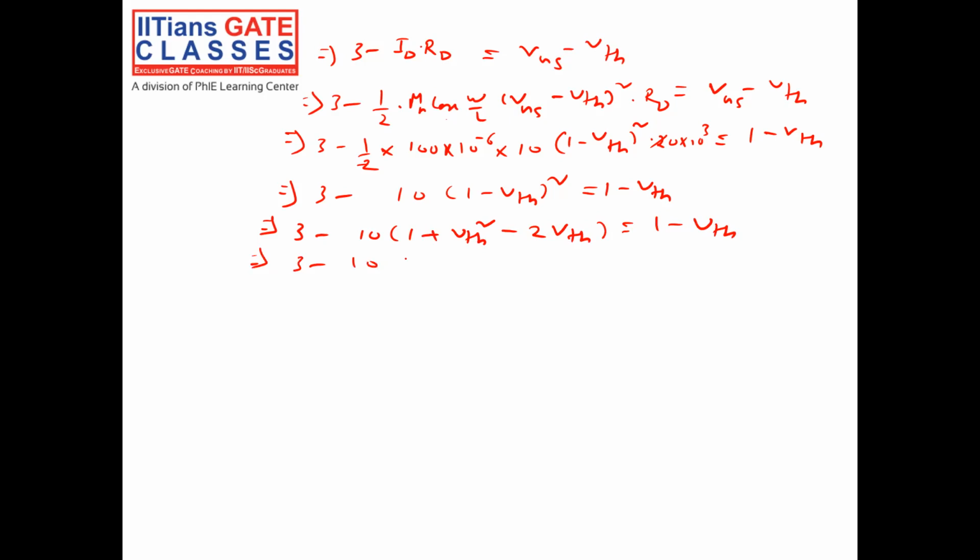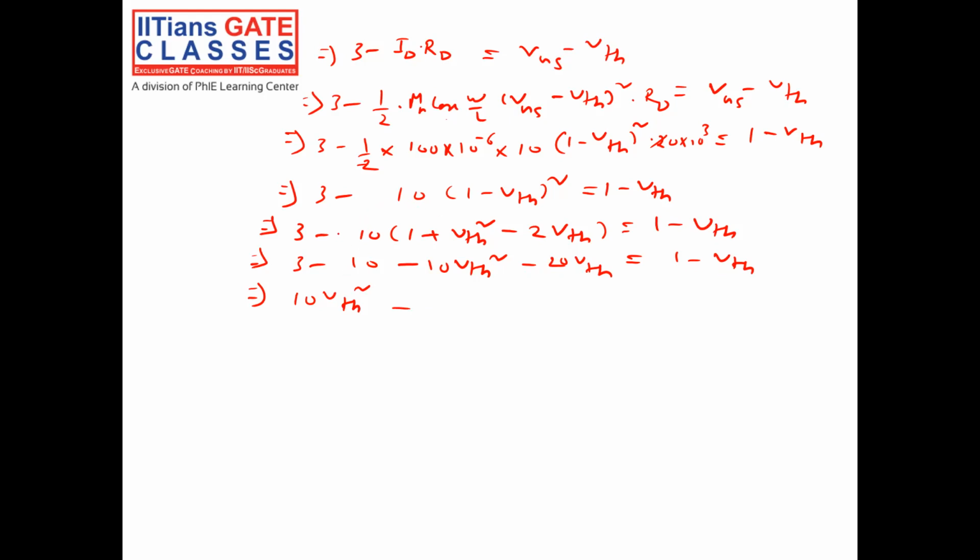This implies 3 minus 10 minus 10 VTH square minus 20 VTH is equal to 1 minus VTH. Okay, take everything to the right. That means 10 VTH square minus 21 VTH, right?